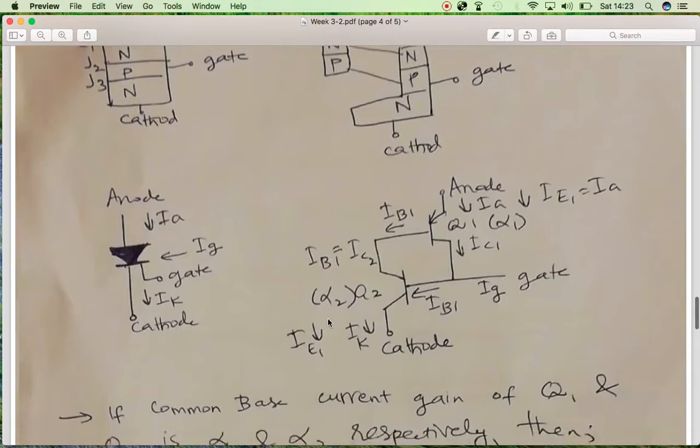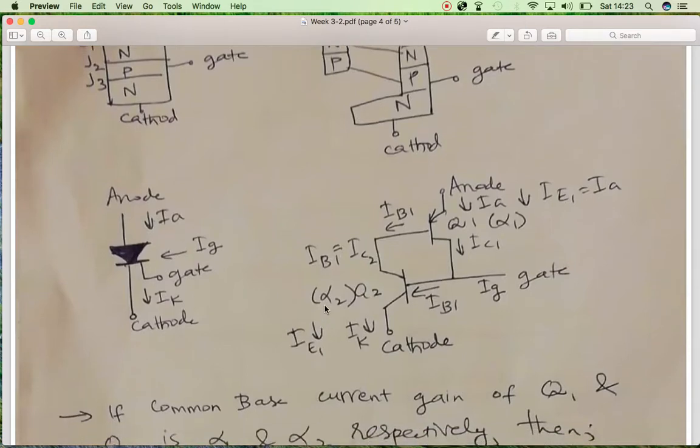We have alpha, which is the current gain in the common base configuration, and beta, which is the current gain in the common emitter configuration. This alpha is equal to IC over IE, as you have already studied in electronic devices and circuits. This is the emitter of the NPN transistor and this is IE1.